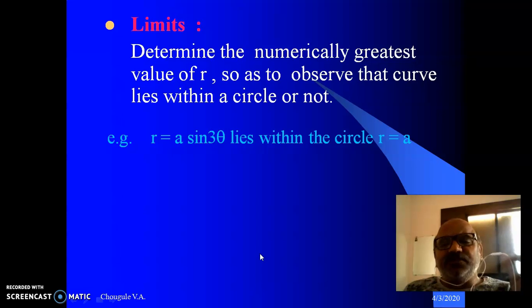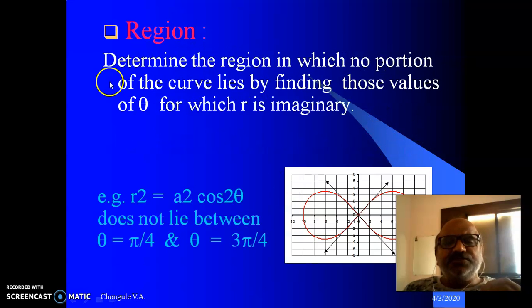Next, find out the limits where the curve occurs. How will we find them? Determine the numerically greatest value of r, so that the curve lies in that circle. For example, here we know that the maximum value of sine or cos theta is 1, and therefore r is equal to a is the maximum value of this curve, and hence the curve lies in the circle of radius a. Region: determine the region in which no portion of the curve lies.